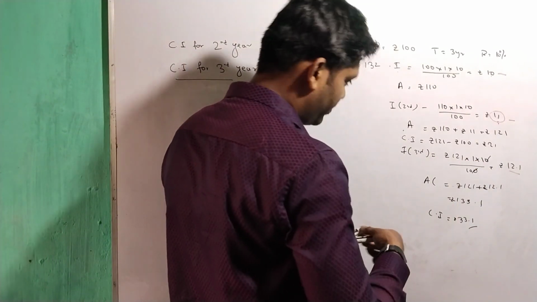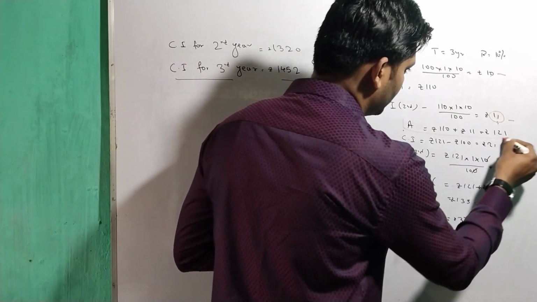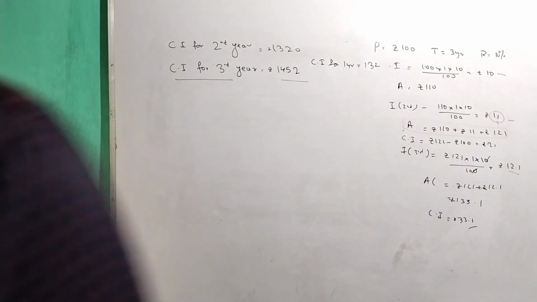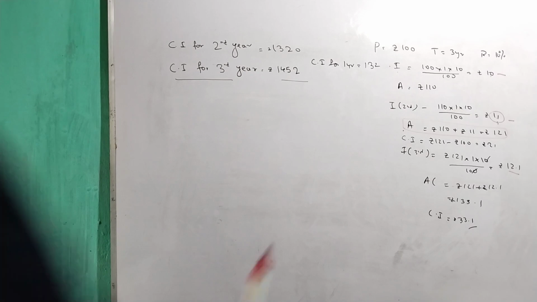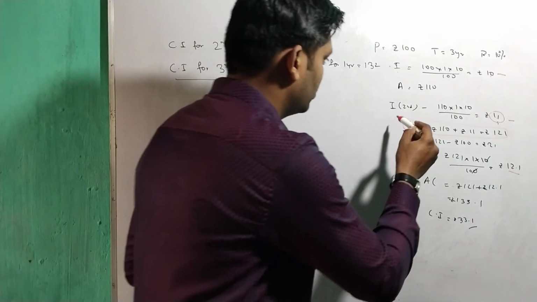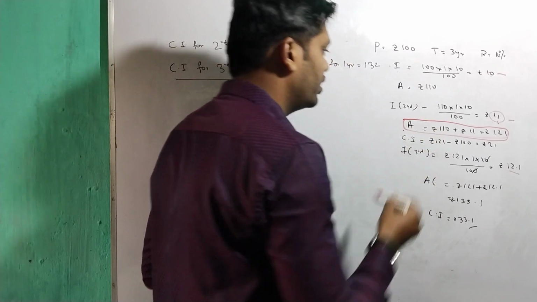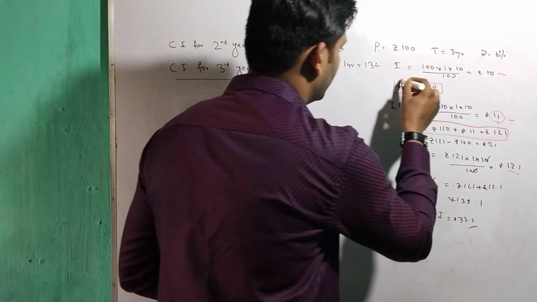So this is the way. If you see this amount for the second year, 121, this is the amount for the first year.